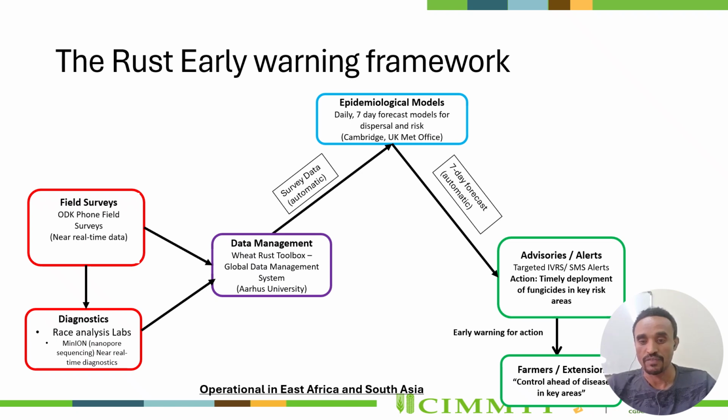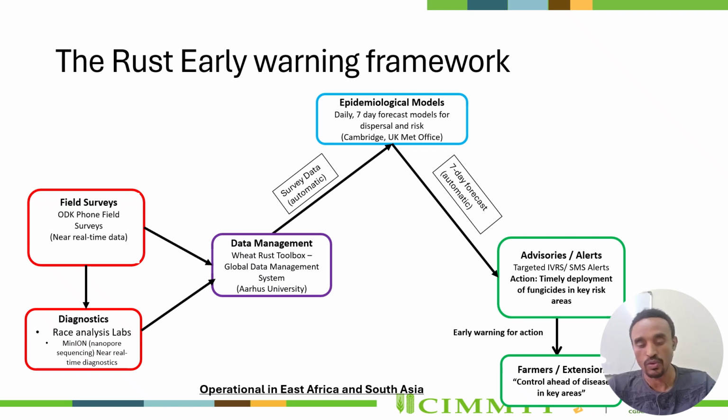So based on those advisories and alerts, targeted messages using IVRS and SMS alerts will be sent to farmers and all key stakeholders, and then that information will be used by farmers and extension agents to control the disease.